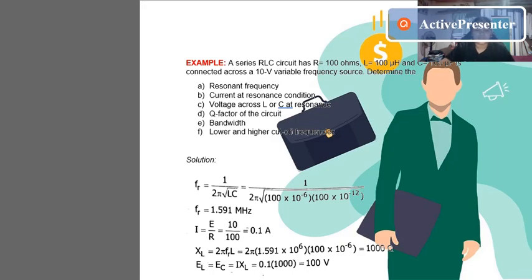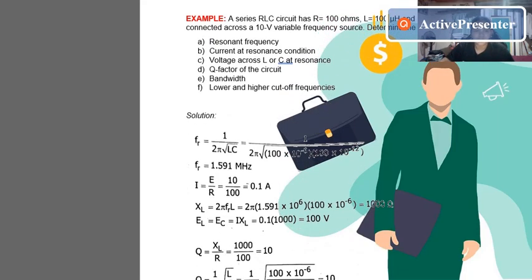Determine the unknowns: A, the resonant frequency; B, the current at resonance condition; C, the voltage across L or C at resonance; D, the Q factor of the circuit; E, the bandwidth; and F, the lower and higher cutoff frequencies. So we have many to solve. First, we need to solve for A, the resonant frequency.